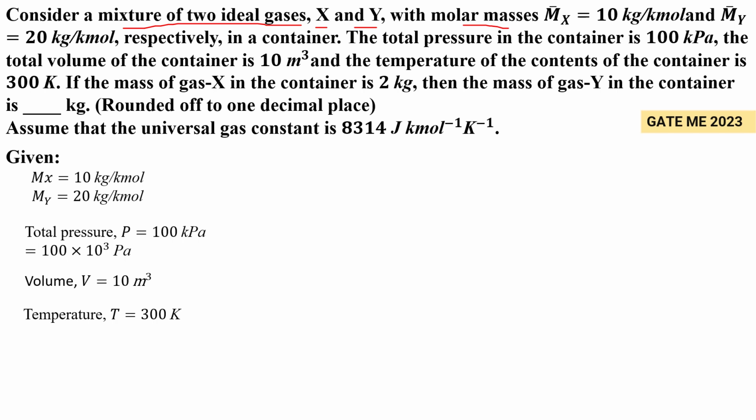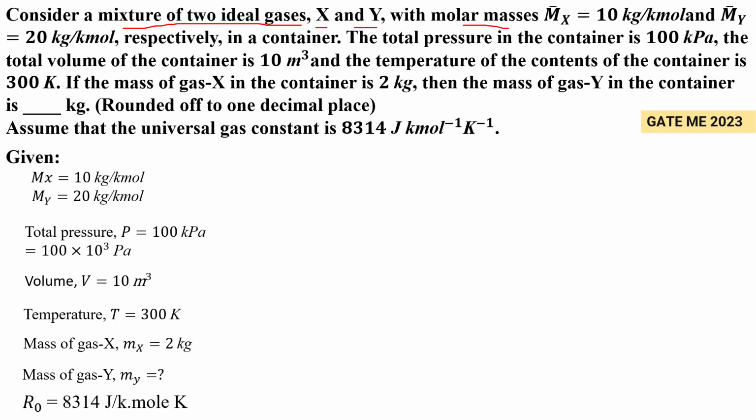If the mass of gas X in the container is 2 kg, so small mx, mass of gas X, equal to 2 kg. Then we have to determine the mass of gas Y, that is small my. And it is given the universal gas constant R naught equal to 8314 joule per kilomole Kelvin.